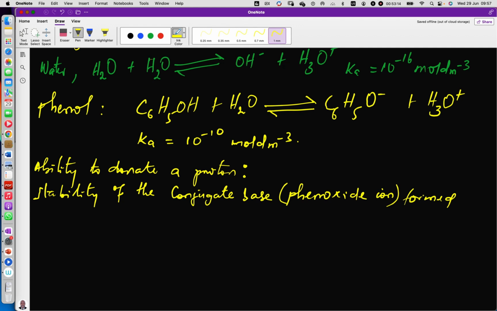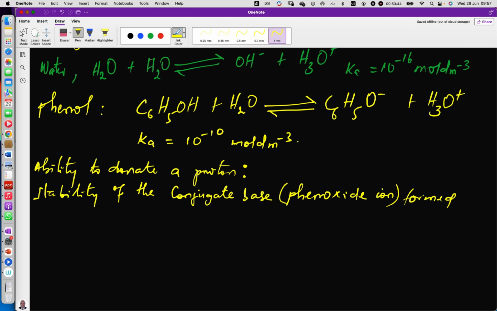You will notice that in a phenoxide ion, the negative charge on the oxygen is delocalized around the ring, that is the benzene ring, and this reduces the tendency to attract a hydrogen ion. This makes the conjugate base more stable.